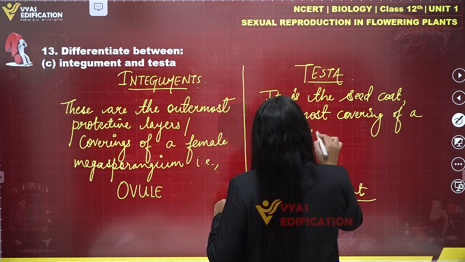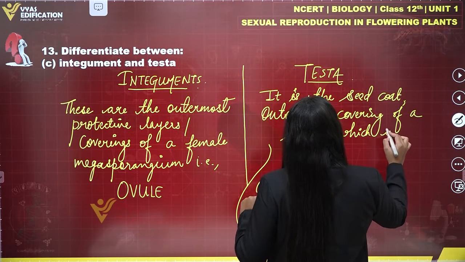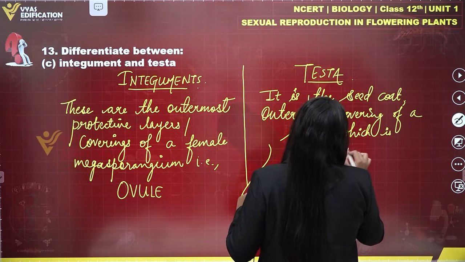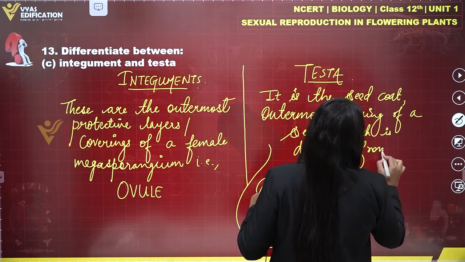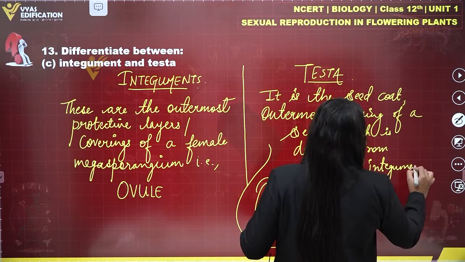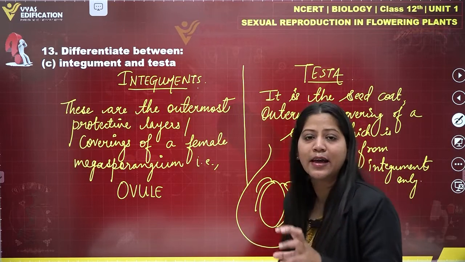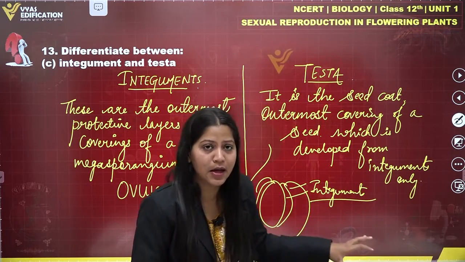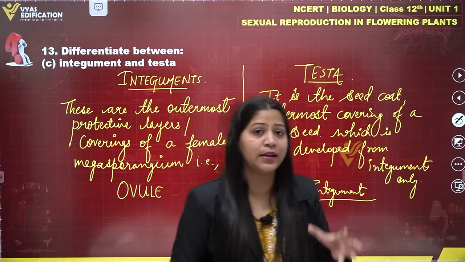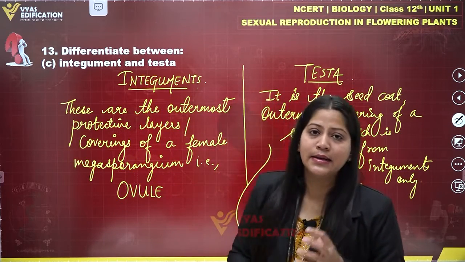This is the outermost covering of a seed which is developed from integuments only. After fertilization, the integuments convert into testa, which is the protective, hard covering, the seed coat. So this is the basic difference between integuments and testa.